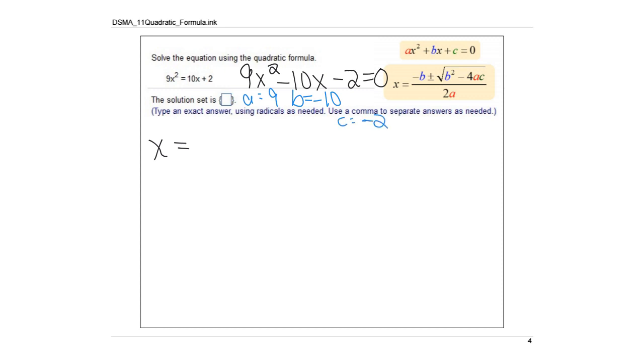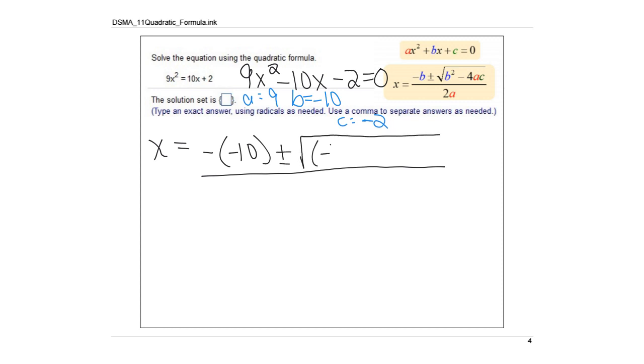Oops, -2. Okay, so we have the negative of -10 plus or minus the square root of -10 squared. Now this is a big mistake if you forget to do the parentheses, because you're going to end up with -100 instead of +100 when you square -10. So you have to have those parentheses.